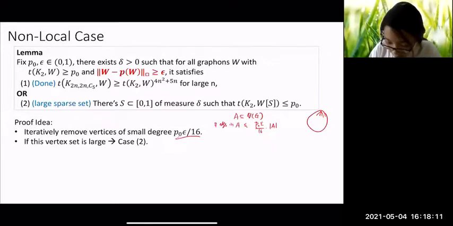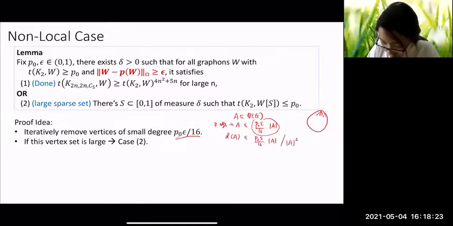And therefore, the density of A is at most this value divided by A squared. So we can see if A is large, then this value is at most P0.